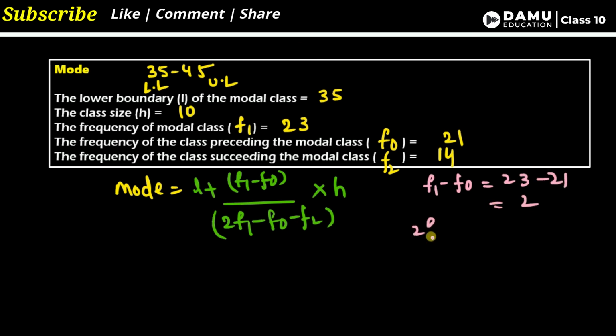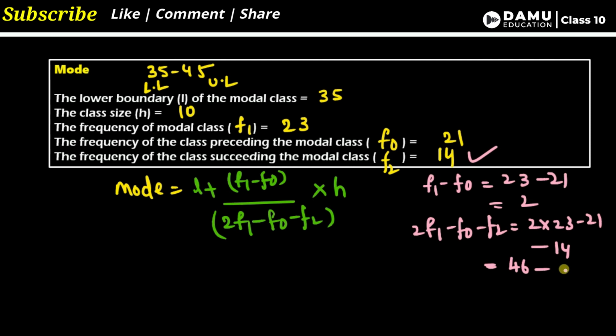Then 2F1 minus F0 minus F2: 2 into 23 minus 21 minus 14. So 2 into 23 is 46, 46 minus 21 is 25... 46 minus 35, what answer do we get? 11. So that is 11 we are getting.